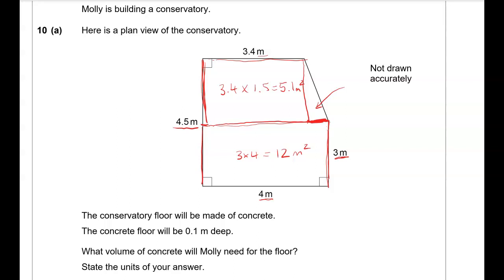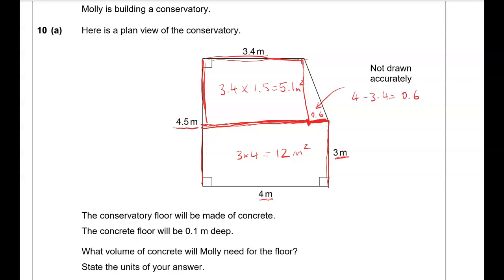Let's see. So we're going to work it out by taking away this length from the whole thing. So this is 4 meters, take away the 3.4. That gives us 0.6. So we know this is 0.6.